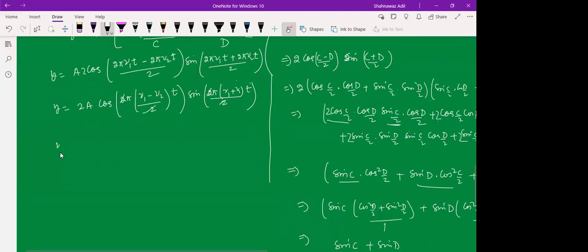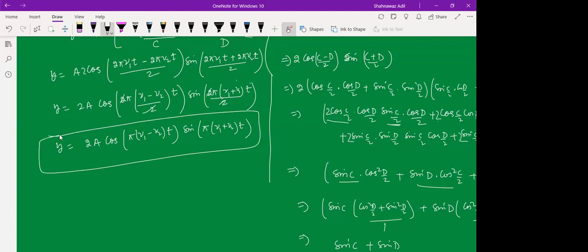The final answer would be a cos pi (nu 1 minus nu 2) t and sine pi (nu 1 plus nu 2) t.